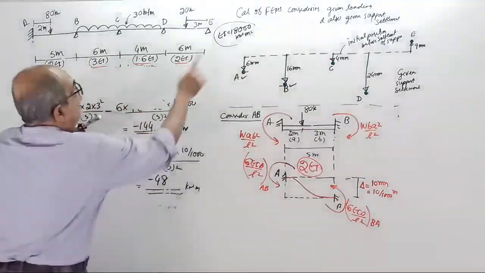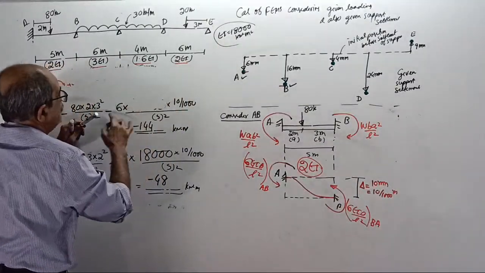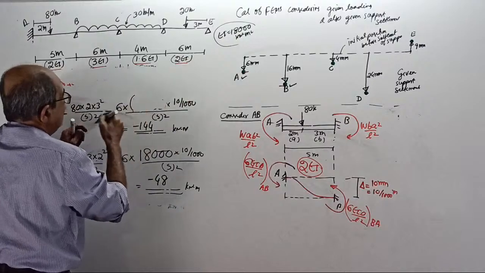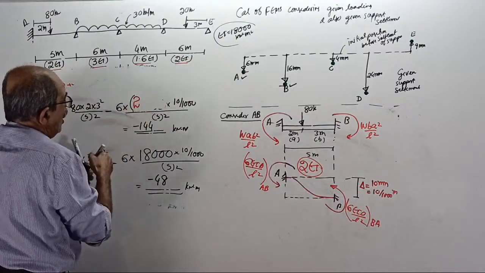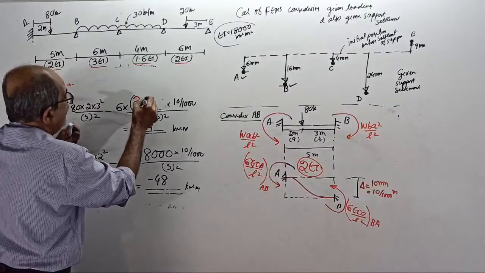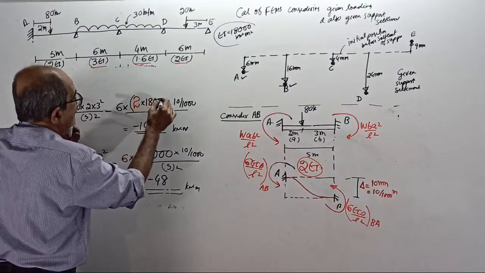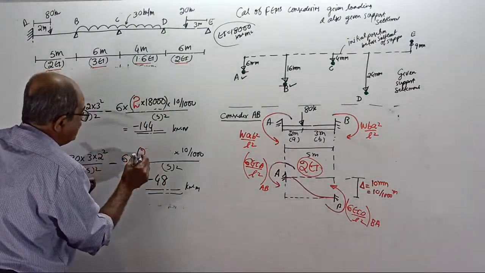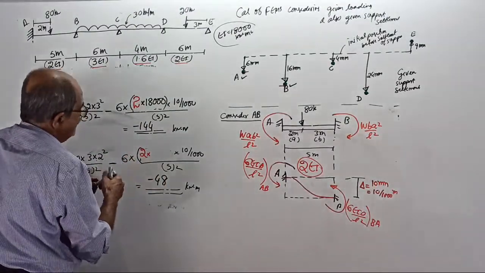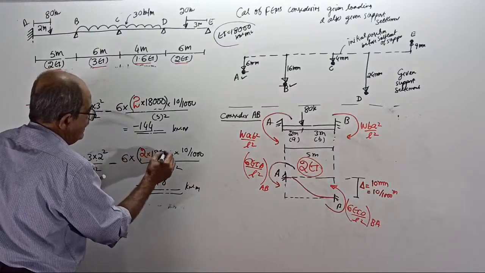Therefore, what you have to do is 6 into EI. See, your EI is 18,000. Tell me how much you have to multiply here. 2 times of 18,000. Here also, bracket, don't forget 2 times of 18,000.